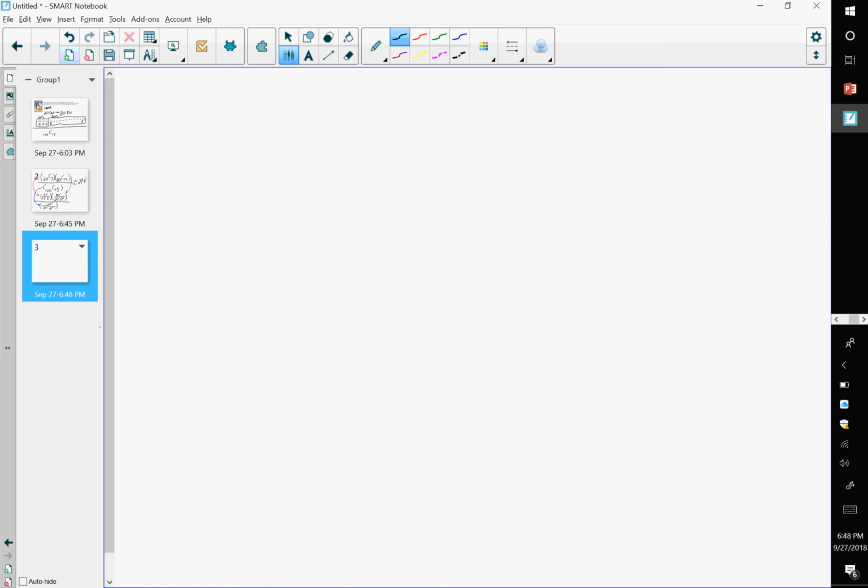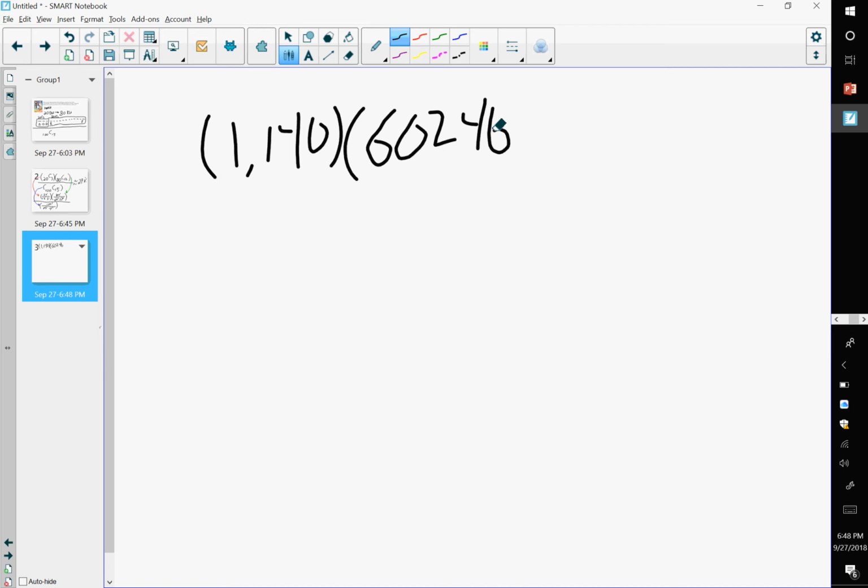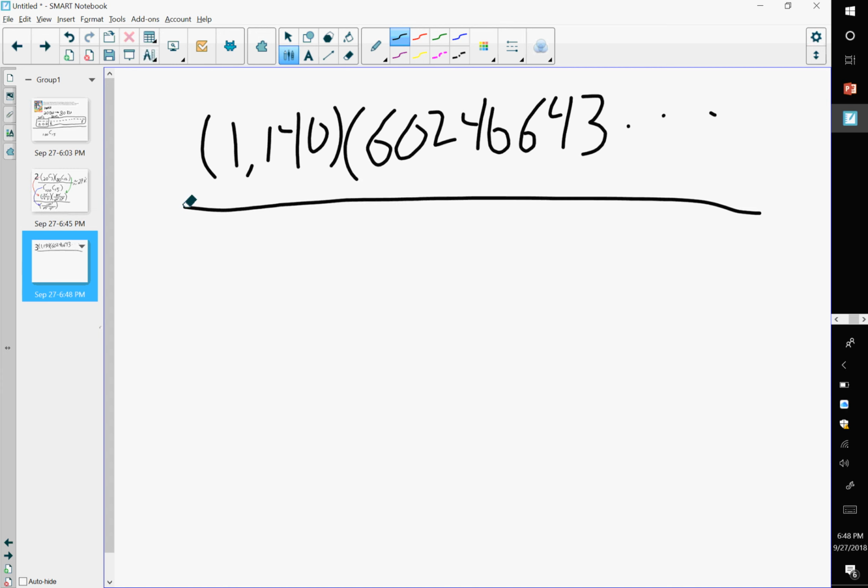20 choose 3 is 1,140. And then 80 choose 12 is some giant number, 60246643, and so on and so on. And the bottom one is basically 6.02 something times 10 to the 13th power.